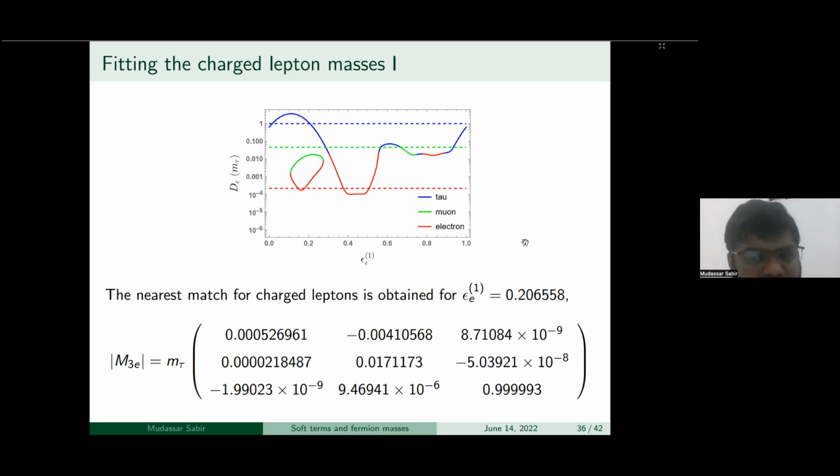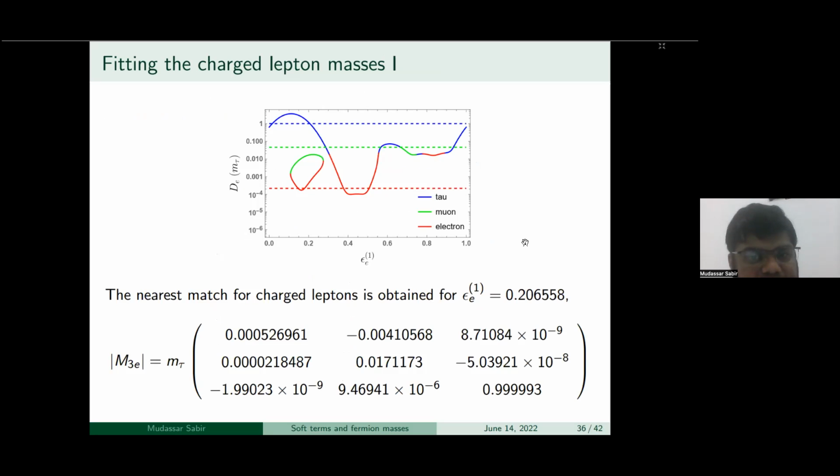So in this log plot, if we draw a vertical line, we will get 3 points corresponding to the blue curve, the green curve, and the red curve, which will give us some value for the tau mass, muon mass, and the electron mass.